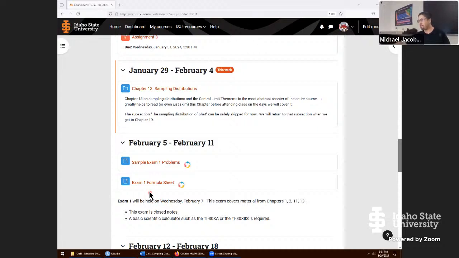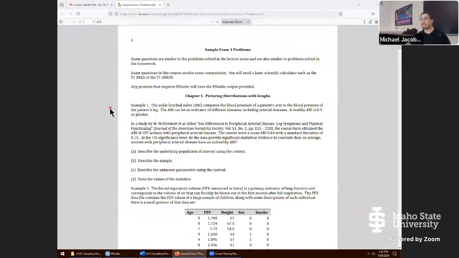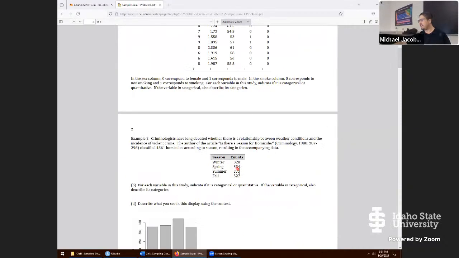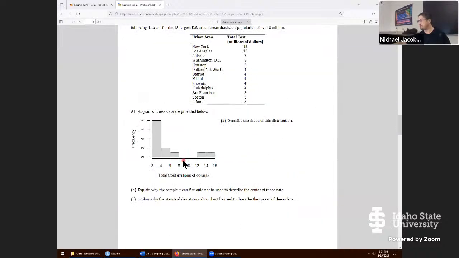So for our course, I try to put down this document right here to give you an indication of what a real exam question would look like. And here's how I wrote out all these problems. I pretty much just took the same problems that we worked in the lecture notes, wrote them out in an exam format, and this is what they would look like. Some of the things I had to produce graphics for, some of these things I had to produce statistics for.